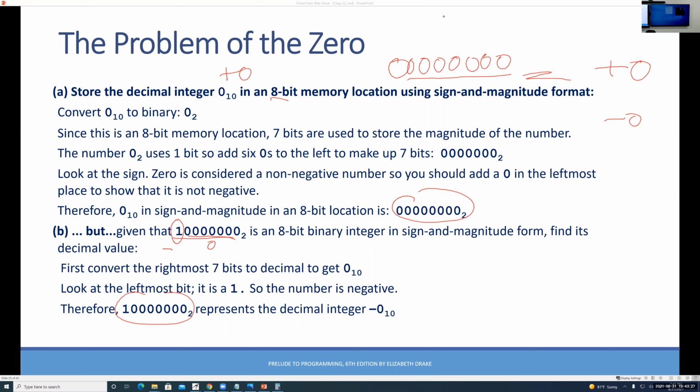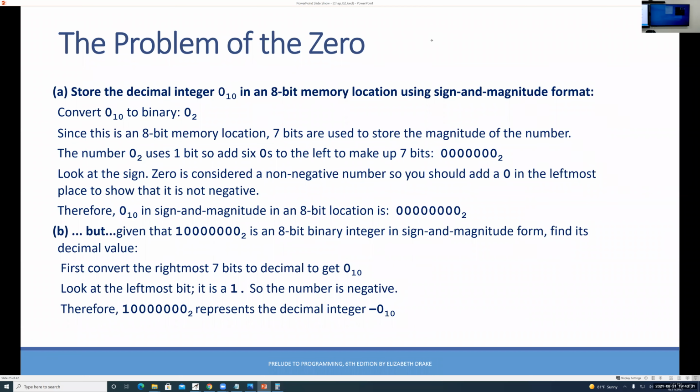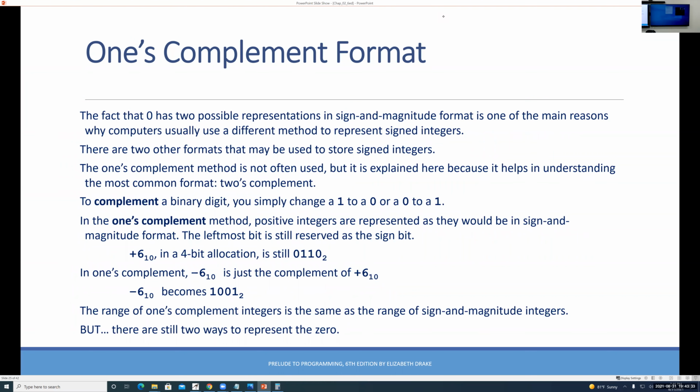Now, they move up to another one. It is the 1 complement format. So 1 complement format is that for the positive number, you do the same. You just reserve the positive number.